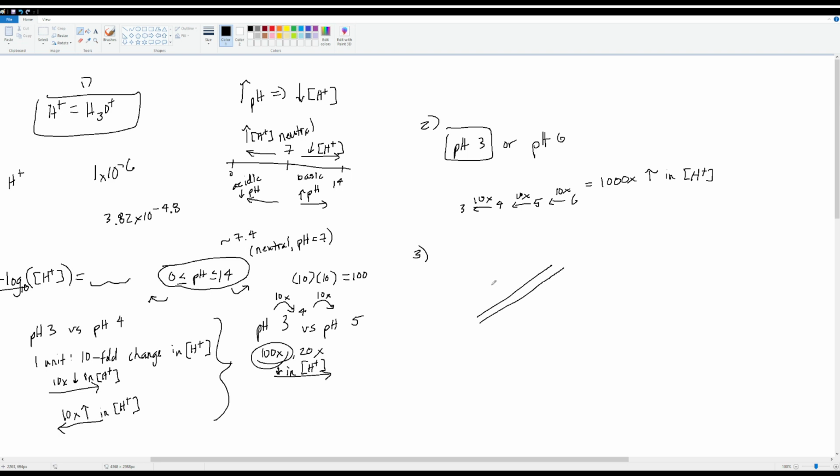Moving on to question 3. We have a membrane that looks like this, where each of these positive charges is a relative proton. Which side of the membrane, side A or side B, has a higher pH?